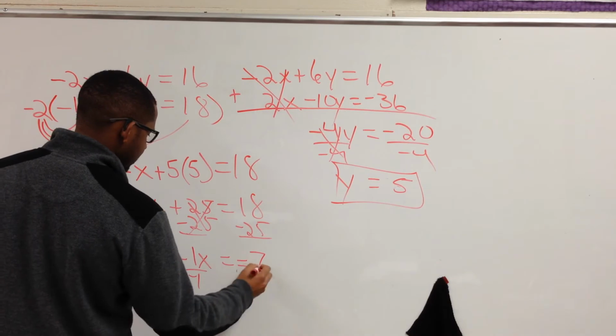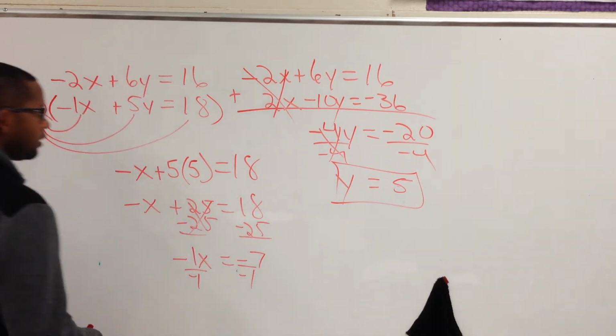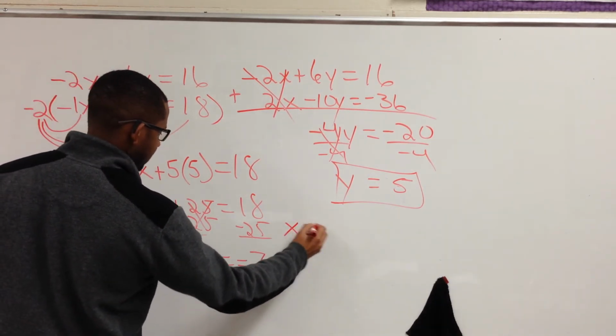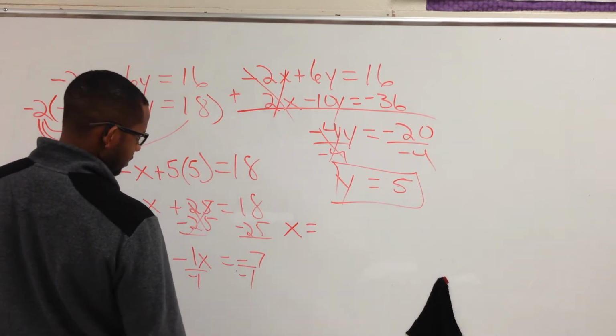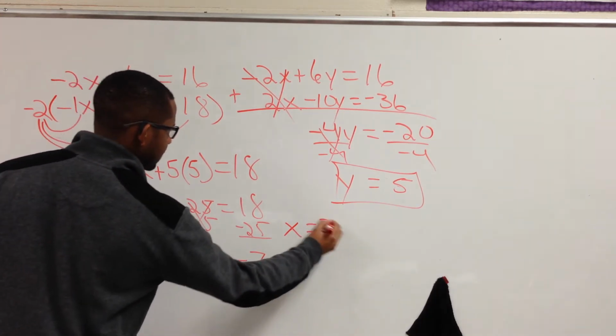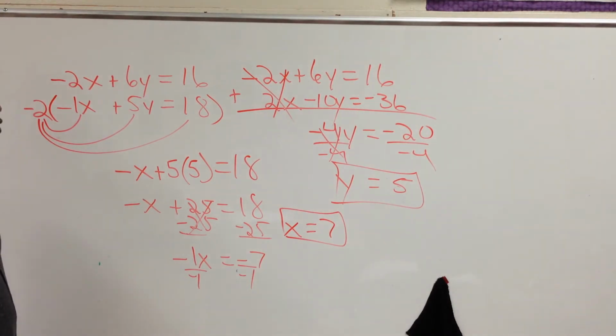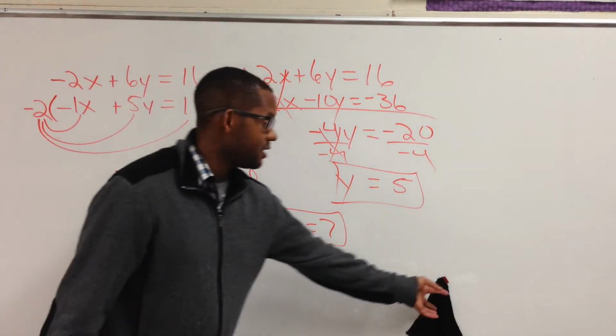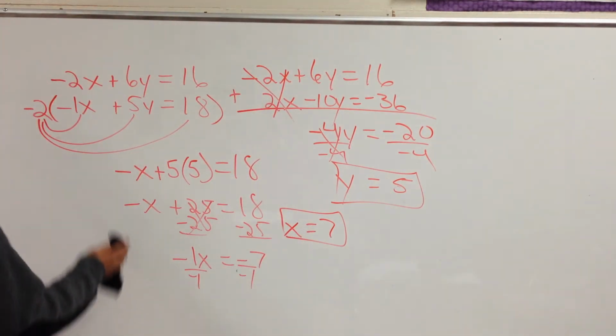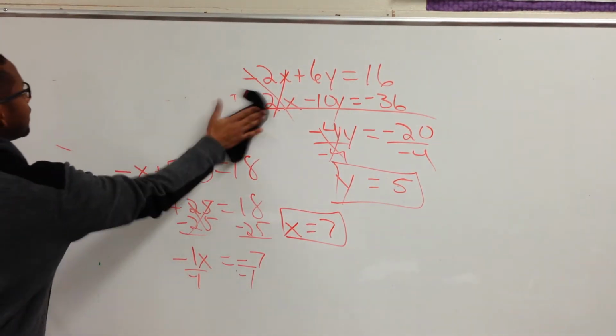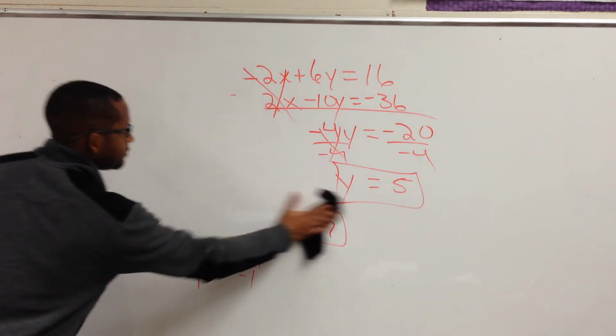So divide by -1, divide by -1. I end up with x equals 7. Okay? There's my whole problem. Done. So it's the same as elimination. You just need to take it and multiply. So I'll just show you how to line up one more problem.